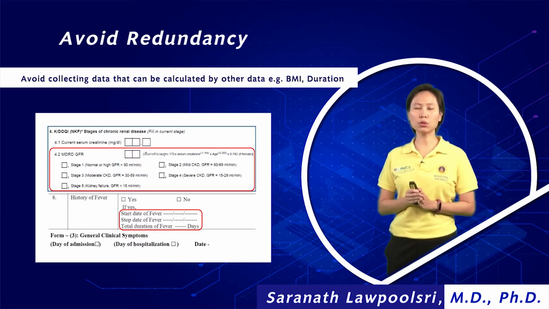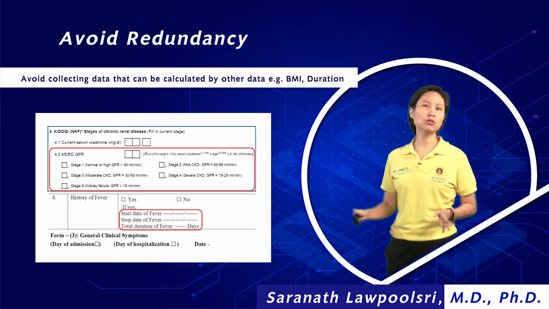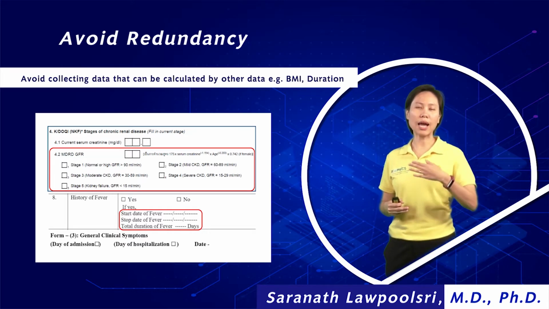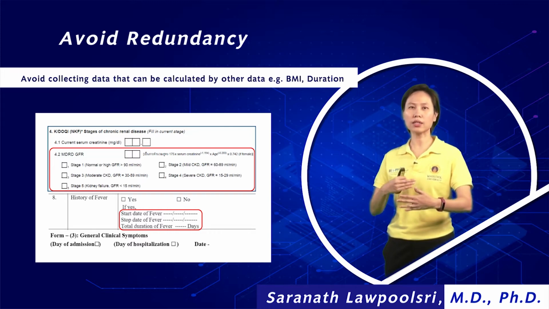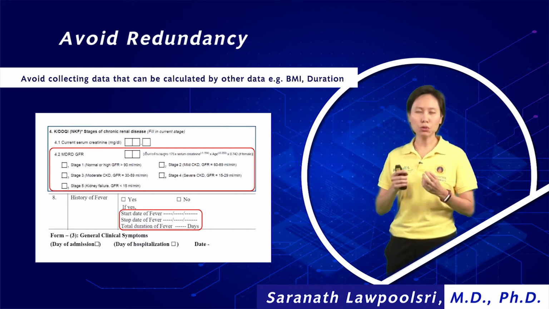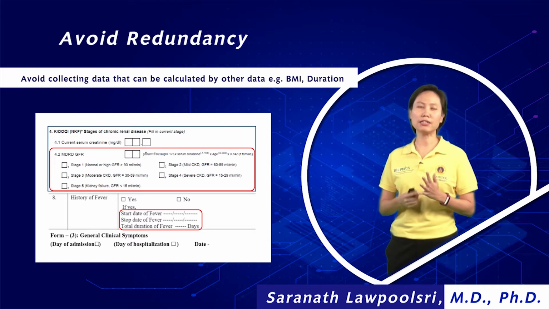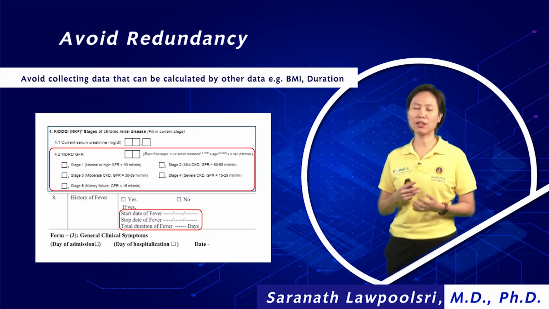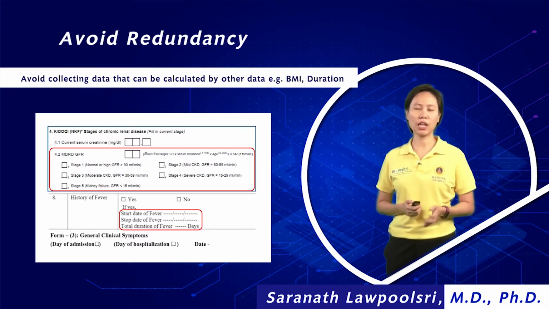Or if you want to calculate the duration, for example, length of stay in the hospital, you just collect the start and stop date. And once you have start and stop date, you can calculate the duration very easily. You don't need people to calculate the length of stay in the hospital by hand, and then it's going to create some inconsistency of data once you analyze it again.